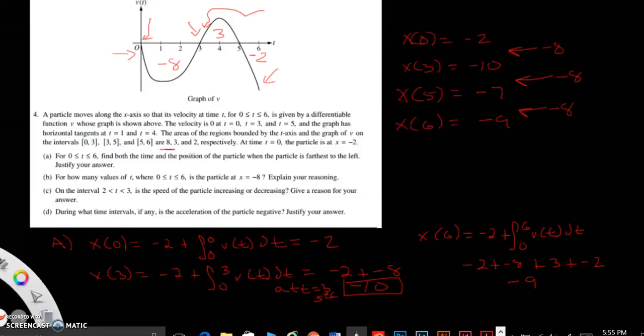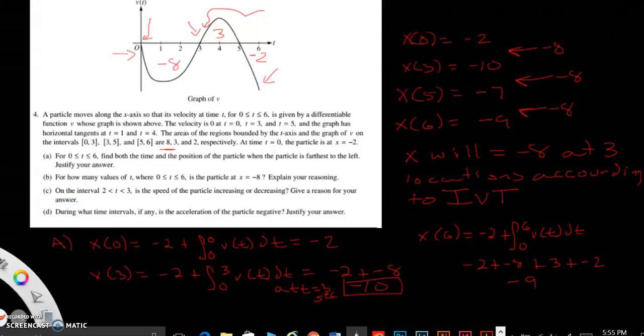So I would say x will equal negative 8 at 3 locations, according to the IVT.